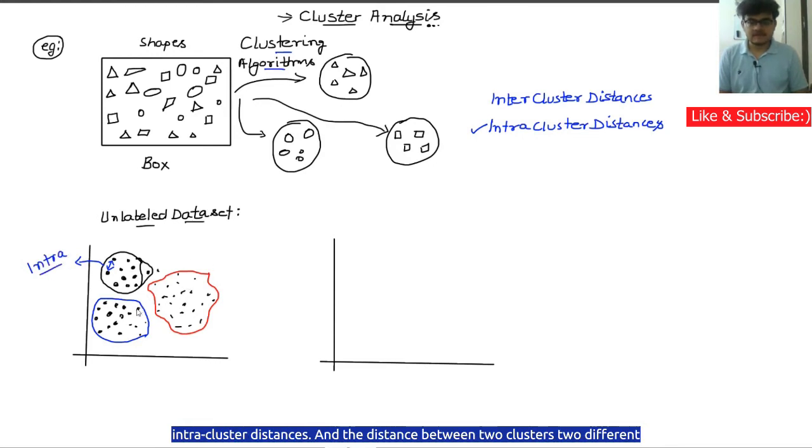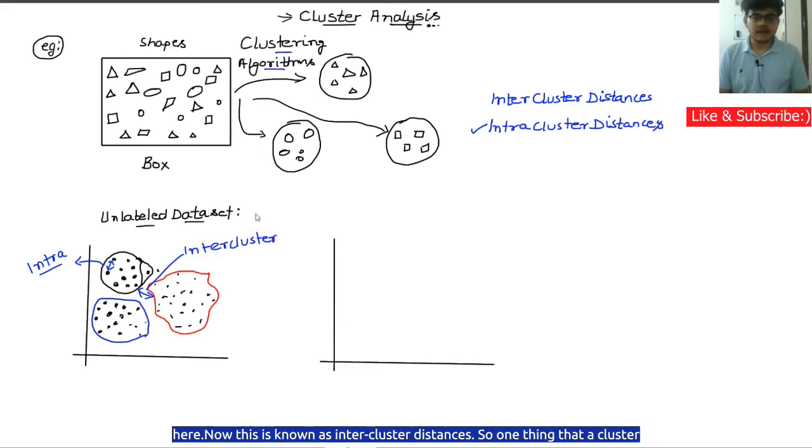And the distance between two different clusters, for example, this cluster and this cluster, we have some distance here. This is known as inter-cluster distances.